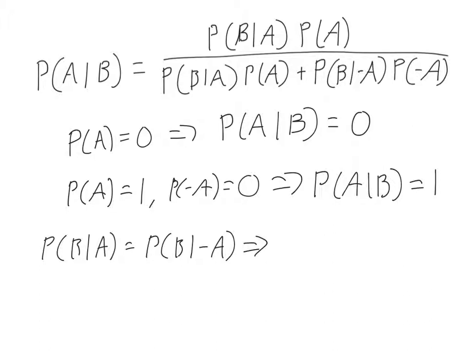Then in that case, we would see some things canceling out. After all, if these two terms are the same, and these terms right here are obviously the same, I could divide out the numerator and denominator by both of those, and I would end up getting something looking like this.